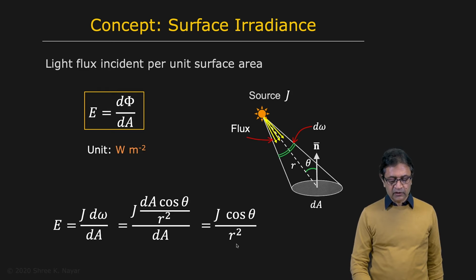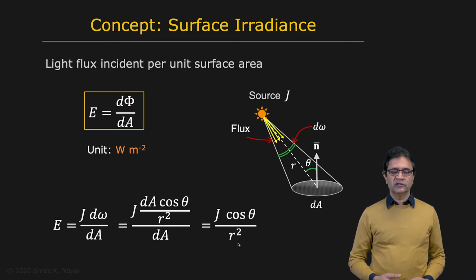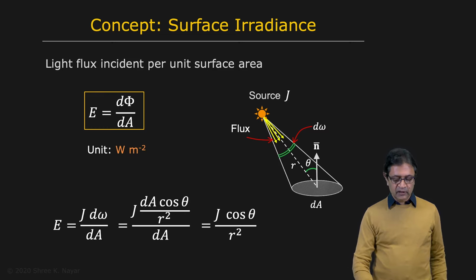So let's take a look at this for a second. It says that the strength of illumination of a surface, which is the surface irradiance, of course, is related to the brightness or the radiant intensity of the source, and it is 1 over r squared, the distance between the source and the surface itself.